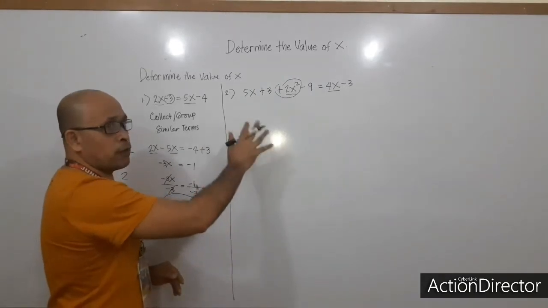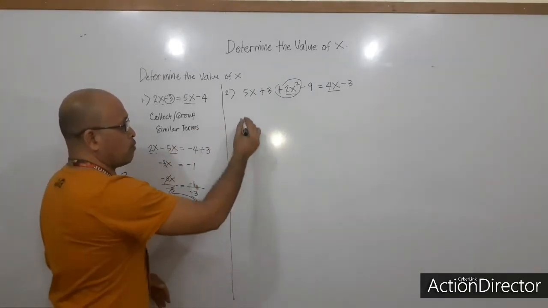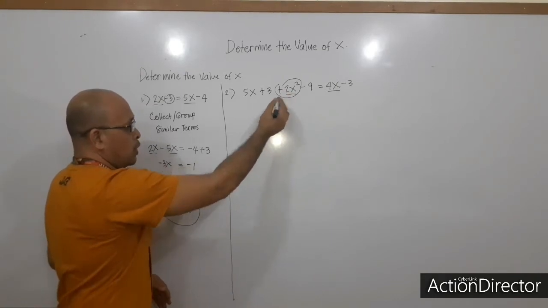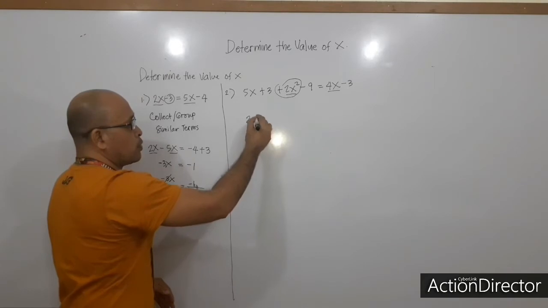Let's proceed. Whichever has the highest exponent, you are going to place that one first, in descending order. So plus 2x squared, when you write that one first, it will become positive 2x squared.